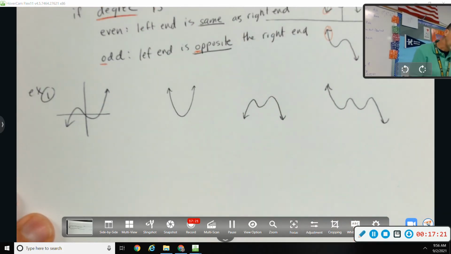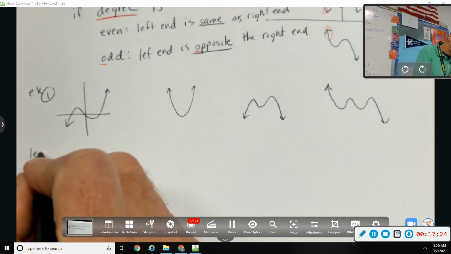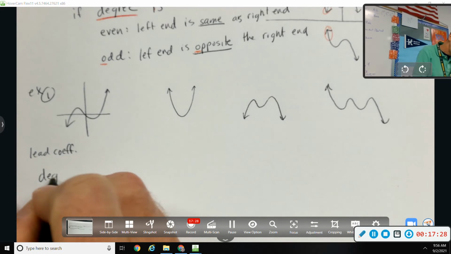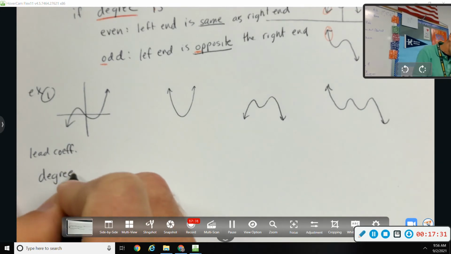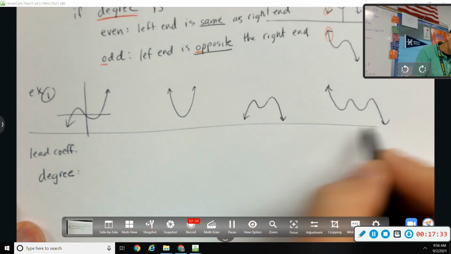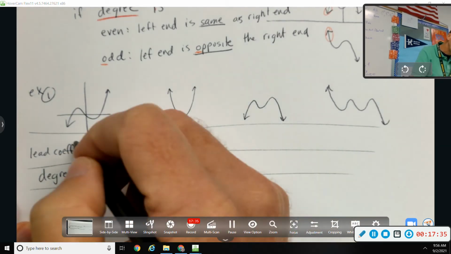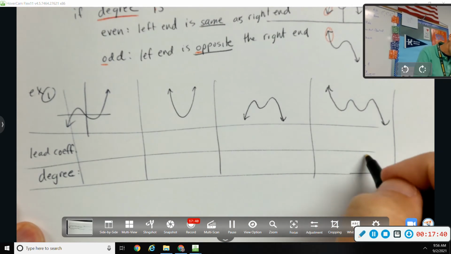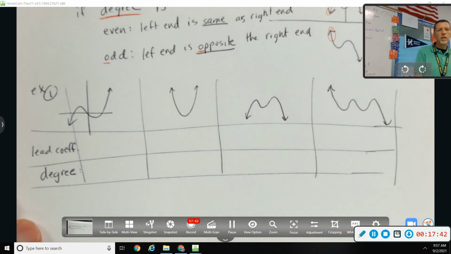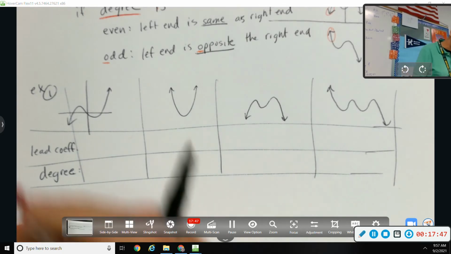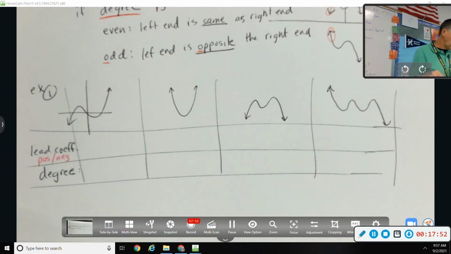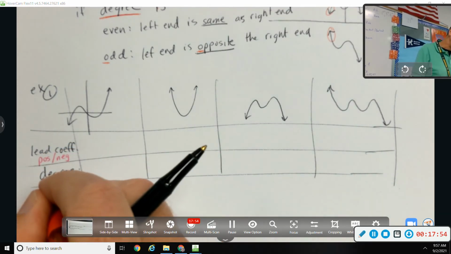So 4 pictures. Let's make a table out of this. This will work this way. So lead coefficient, and all I want to know there is if it's positive or negative, and for the degree we'll say if it's even or odd.